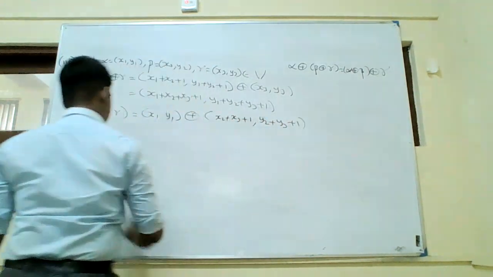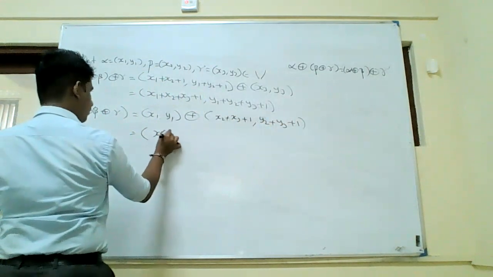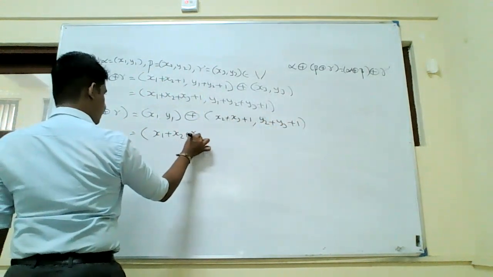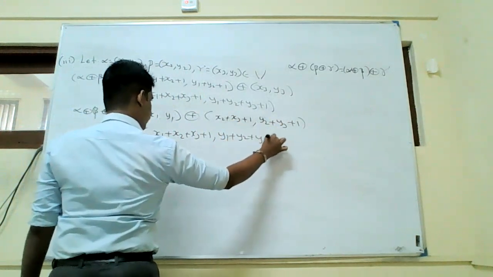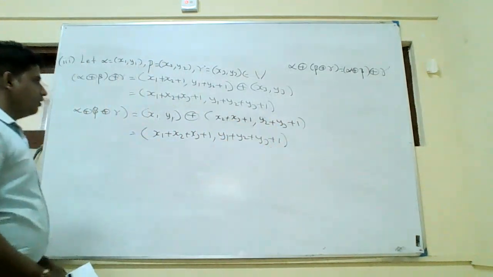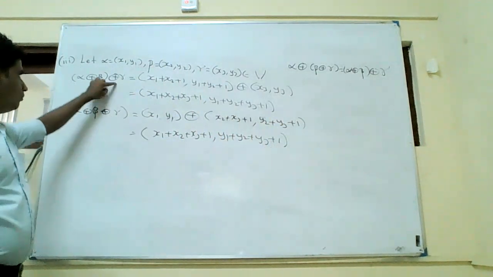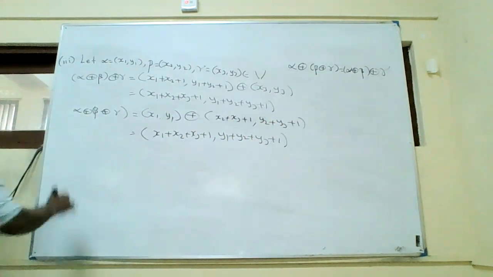Then this is (x1 plus x2 plus x3 plus 2, y1 plus y2 plus y3 plus 2). Check here, this value is equal to this value, both are equal. So associativity holds.